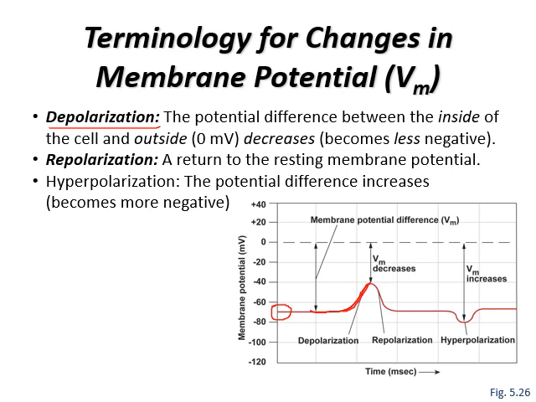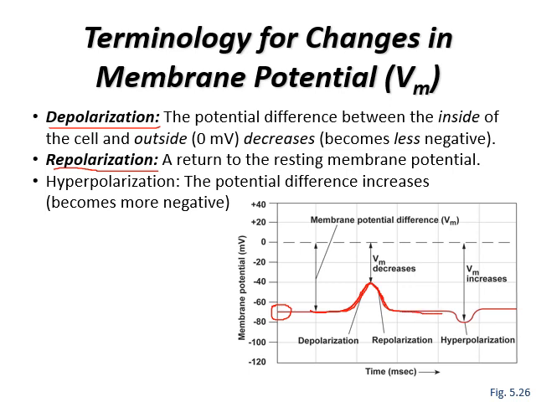The other term, repolarization, is after depolarization, the return back to resting membrane potential. Going now back into the negative direction. We went positive, now we're coming back in the negative direction. That is the repolarization.